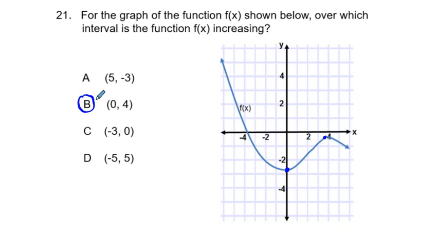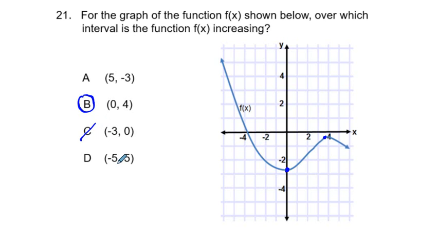Let's see what our students got for that. Somebody chose answer choice C, which is from -3 to 0. Well, from x equals -3 to x equals 0, we are decreasing all over this interval.